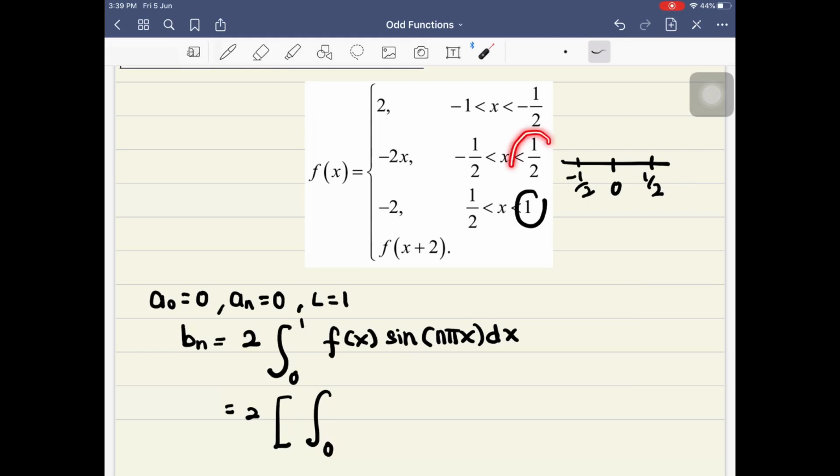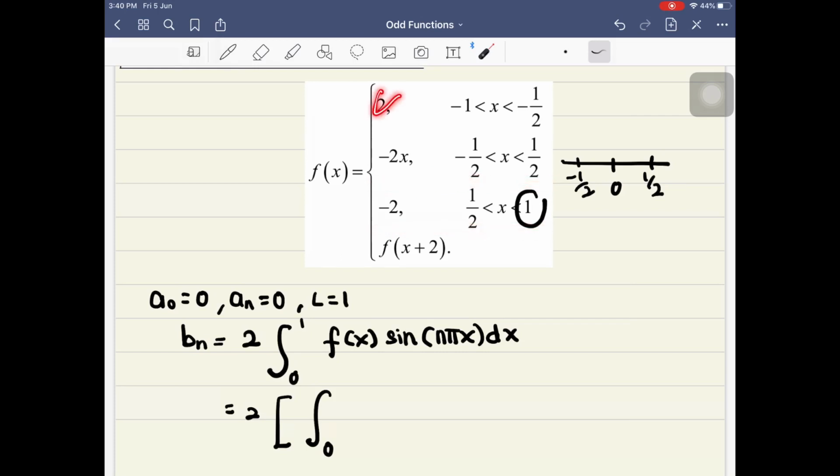So what is the upper limit here? 1 over 2. Okay, why you need to split this function? Because you have two functions here. Okay, in the previous example, you just have one function. So that's why you can directly write your limit 0 until 1. Okay, but for this problem, you need to split because you have two functions.